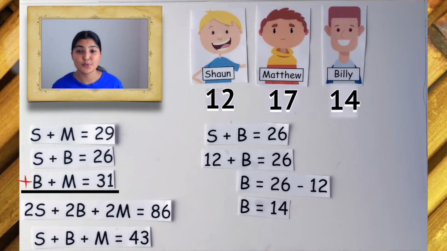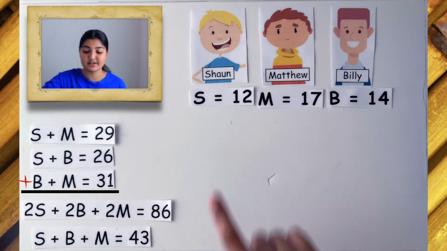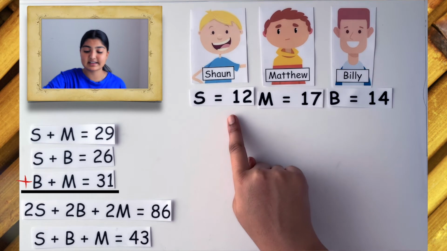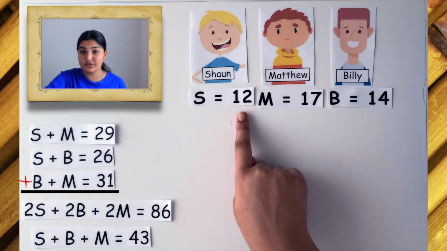So now we know that Billy is 14 years old. And we know the ages of all three boys. So let's write that out. Clearly, Shaun is the youngest, since he is 12 years old.